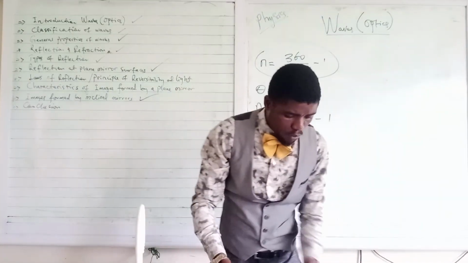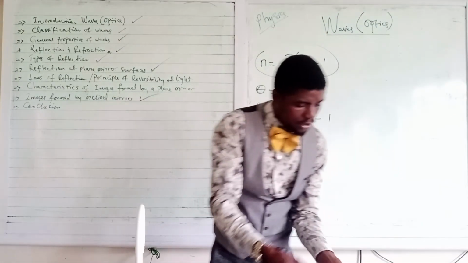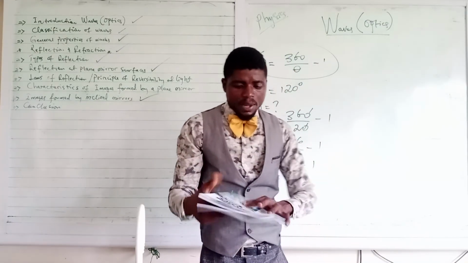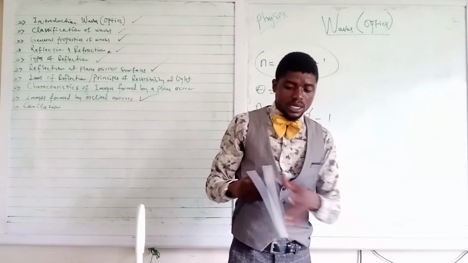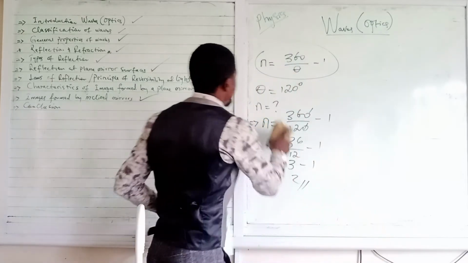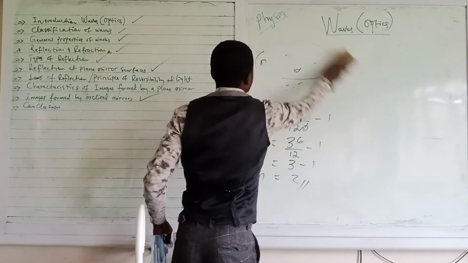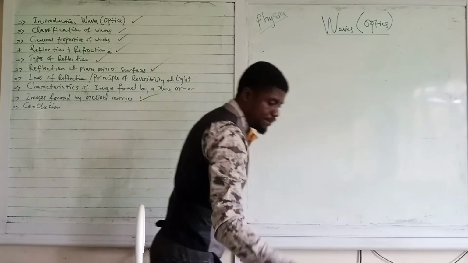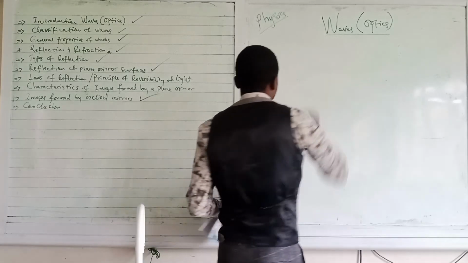Thank you. So we will look at the second. For you to get more of this, kindly pick a copy of this book and help evaluate yourself. We still want to look at more examples.